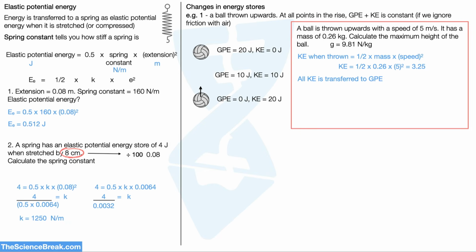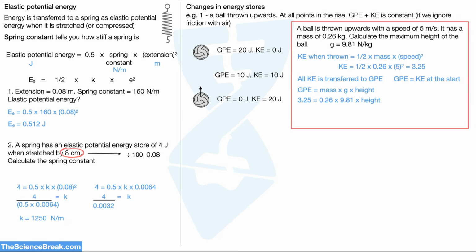All the kinetic energy is transferred to GPE, or gravitational potential energy. Remember, we are ignoring friction with air for this question. That means GPE at the top of the rise is equal to kinetic energy at the start. So GPE is mass times g times height.